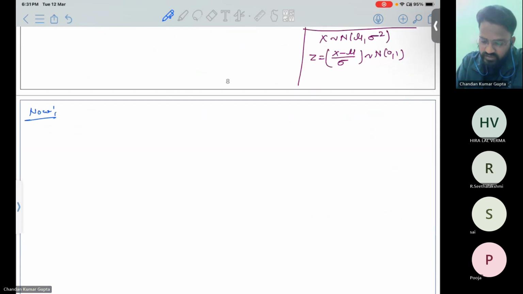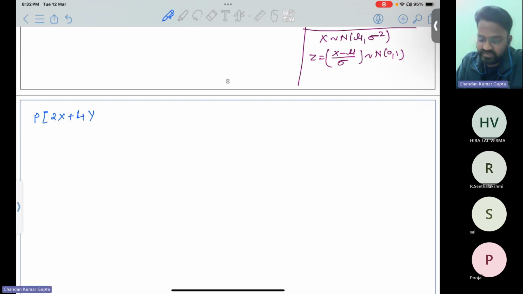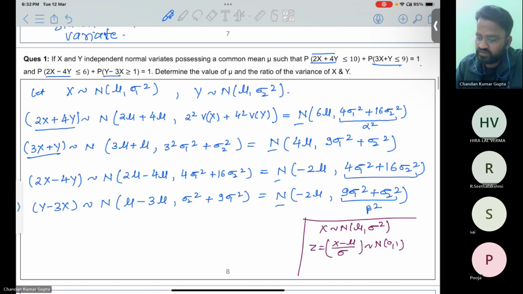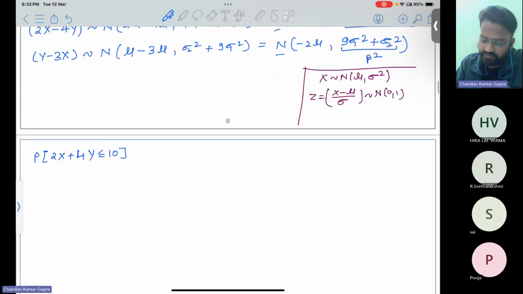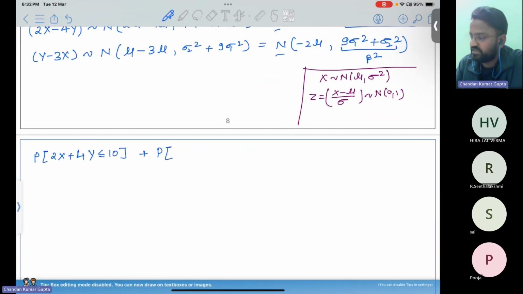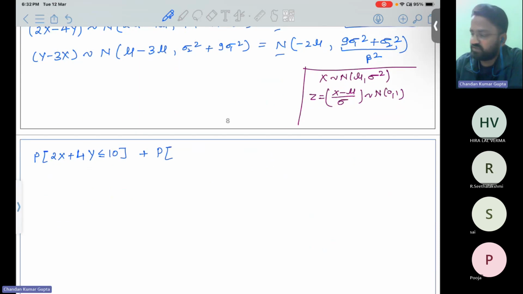So our condition is the probability that 2x plus 4y is less than or equal to 10, plus the probability that 3x plus y is less than or equal to 9, is equal to 1. We just standardize these distributions. So we may write the probability that 2x plus 4y is less than or equal to 10 equals 1 minus the probability that 3x plus y is less than or equal to 9.